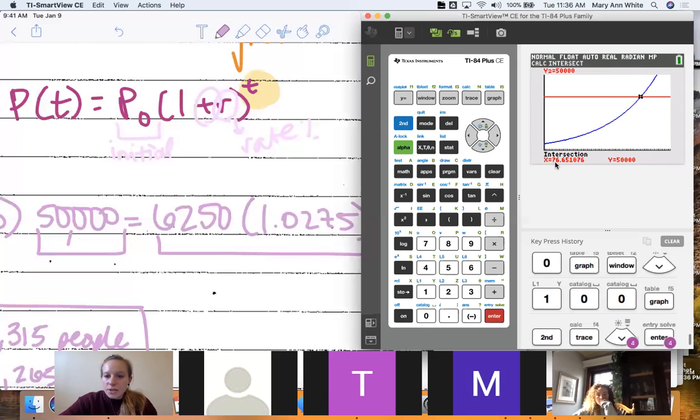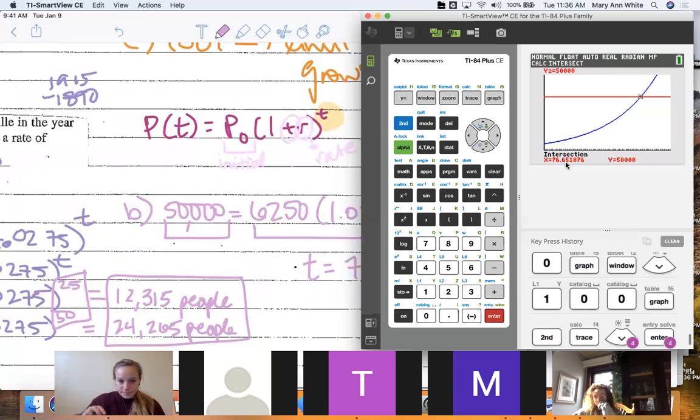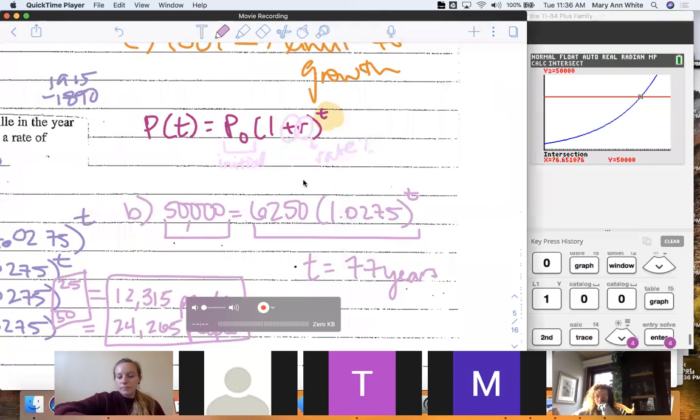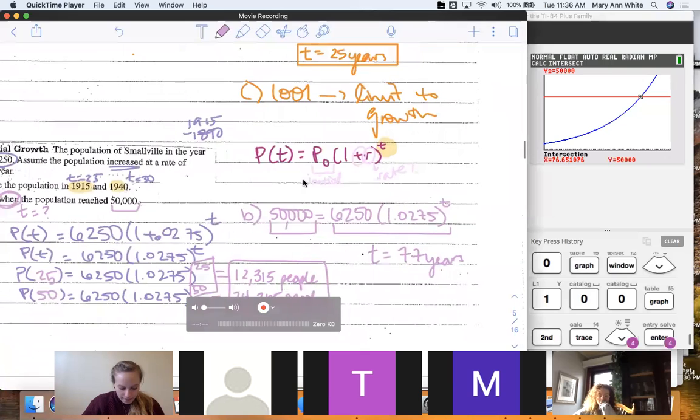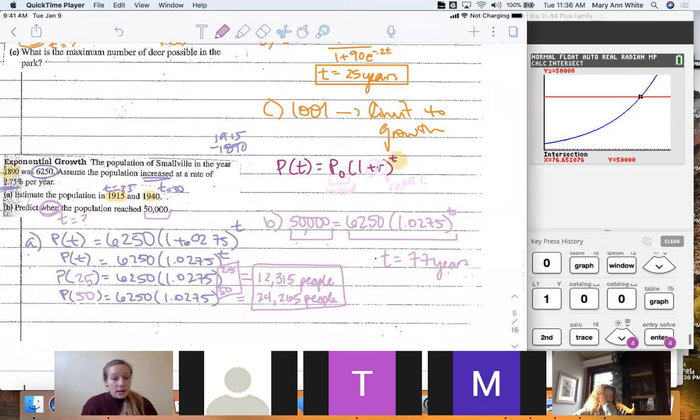Good. My intersection's at 76.65, which is about 77 years. T equals 77 years. So that's a good enough when, like in 77 years this happens, but we could also find out exactly what year it happens because I know that I started at 1890.